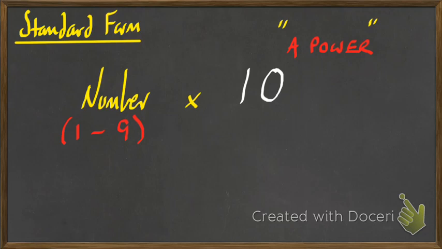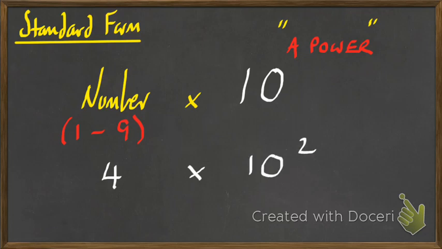Okay, so standard form, the first thing is, what does it look like? Well, it's a number, and that number can only be between 1 and 9, times 10, and that's always to a power. An example would be 4, because that's a single number between 1 and 9, times 10 squared.